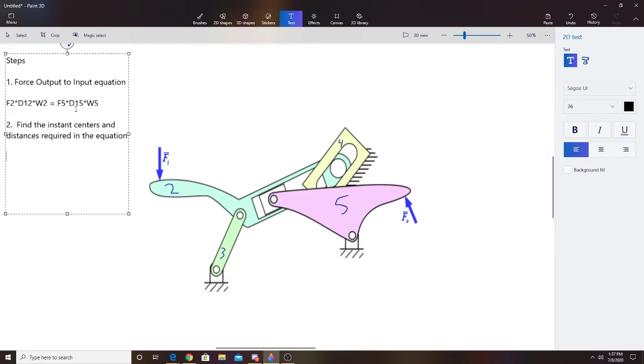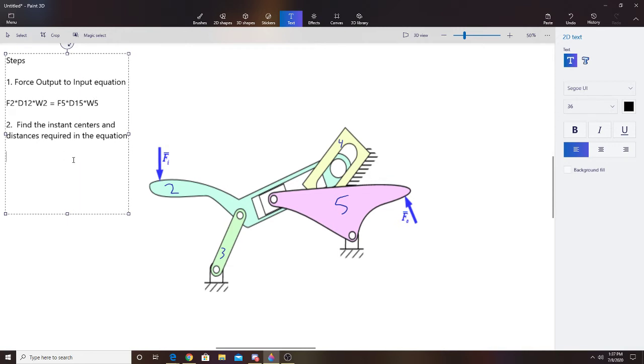Then you have to find everything in the equation that we don't know. We do not know D15, D12, W2, or W5. But remember, W2 over W5 turns into H5, or 1 over H5, just like the last question. It turns into 1 over H5, which is an equation we know in the book as like I12, I25 over, you guys remember that hopefully.